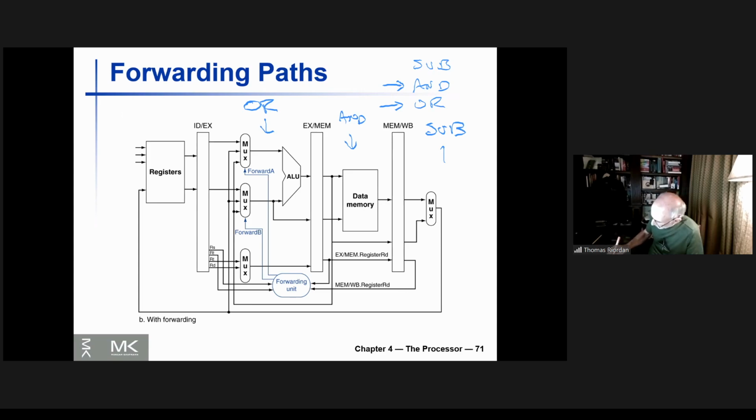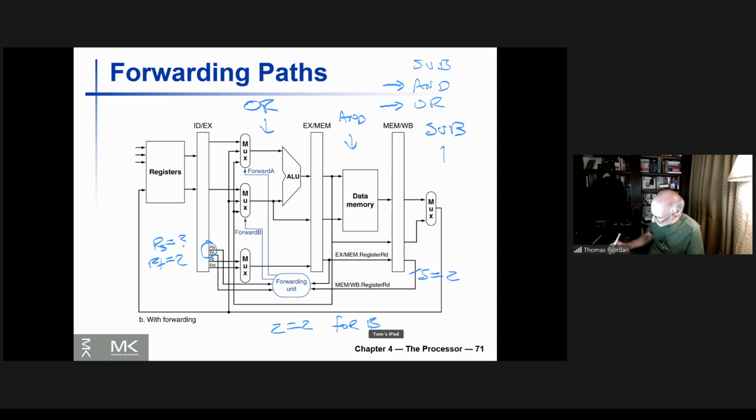And so now what we're going to see is that our destination 2 is going to be here. So we have a 5-bit field that equals 2. And here we have RS and RT. In this case, RS is equal to whatever it was, and RT is equal to 2. So we're going to say, does 2 equal 2 for the bottom port?